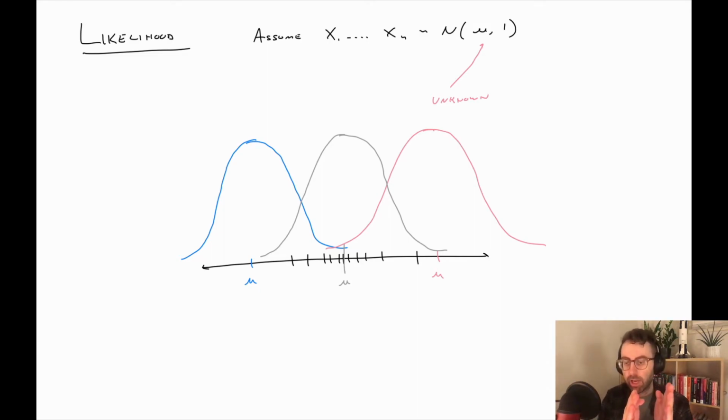In this example, we're constrained to normals with variance 1, so we can shift that normal to be anywhere on the real line we want, but we want to put it somewhere that makes it look like that data really came from it. And if we were to allow the variance to be unknown as well, then we'd also be able to modify this. So we'd not only find where it should be, but what it should be shaped like to best match the data. So that is the idea of maximum likelihood.